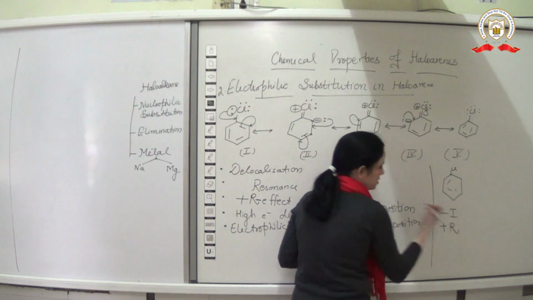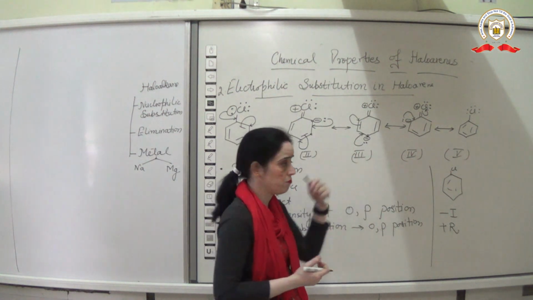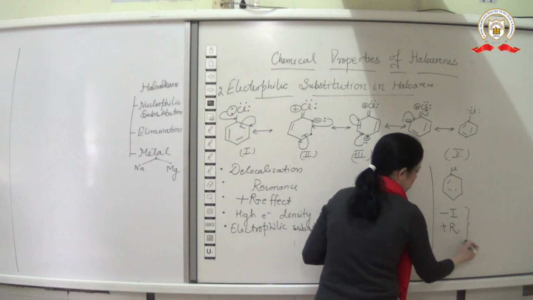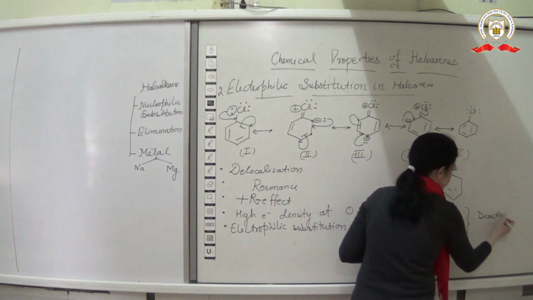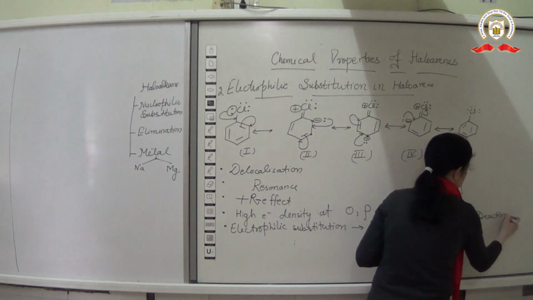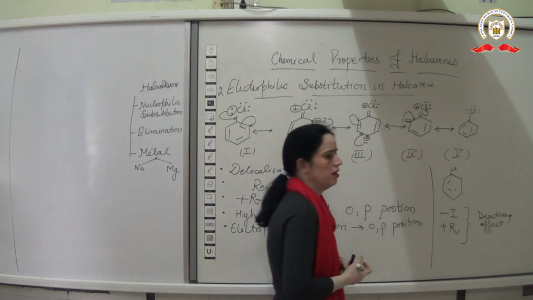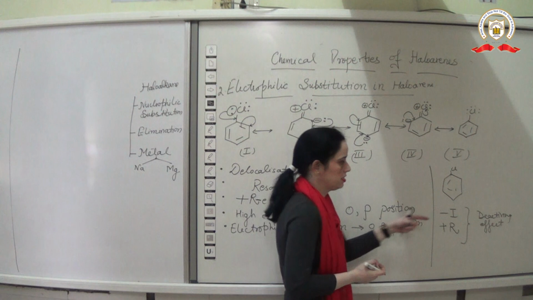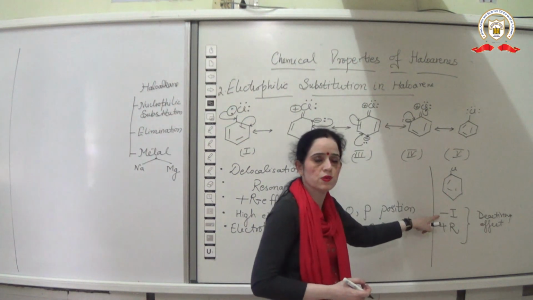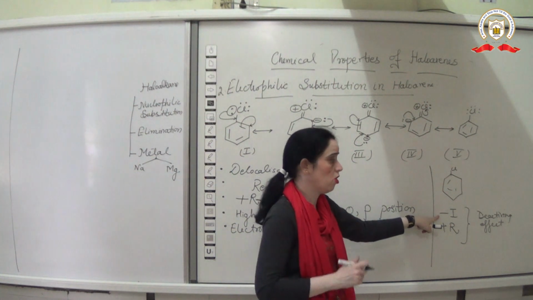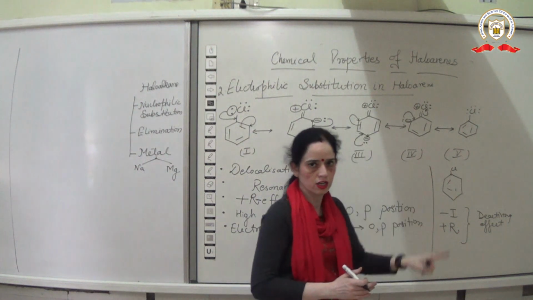Simultaneously there is a plus R effect, resonance going on in the structure as we have seen. So it gives rise to a deactivating effect. Remember this, the Cl gives rise to a deactivating effect because it is plus R as well as simultaneously minus I. Although it is ortho-para directing, it is a deactivating group.